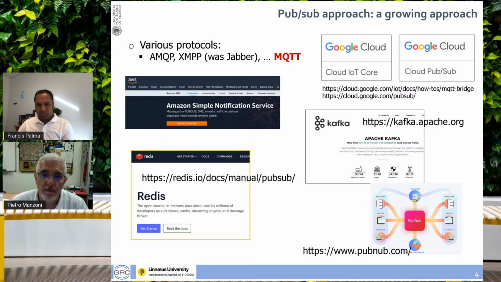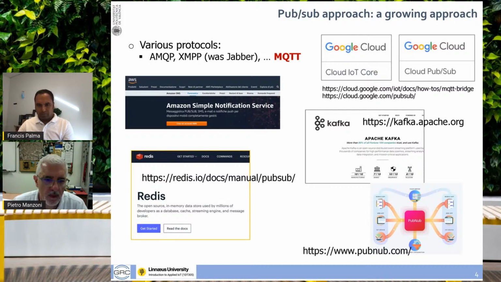This PubSub approach is not new, but it is growing quickly recently. There are various protocols. We will talk about them in detail. I will describe MQTT, but a lot of providers are adopting this approach. Here you see the links for Google Cloud. Here you see Amazon.